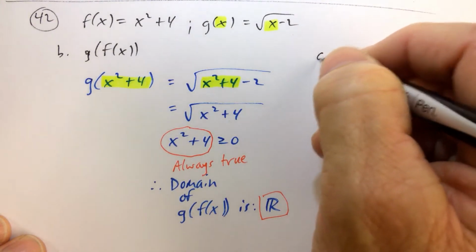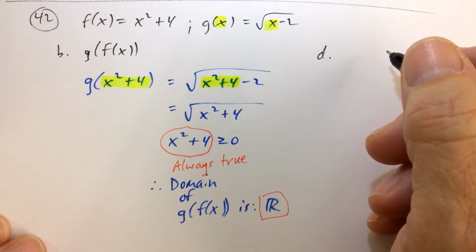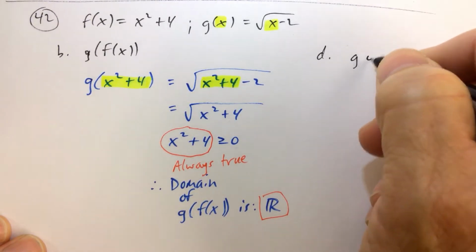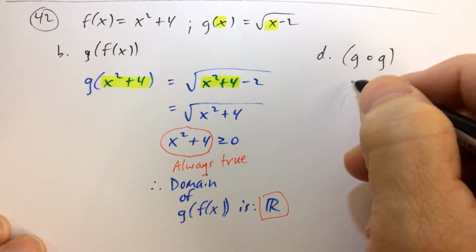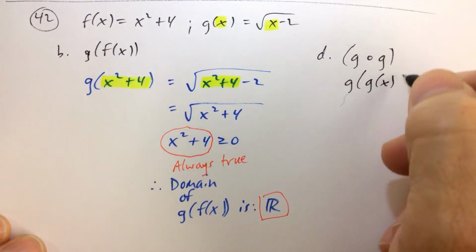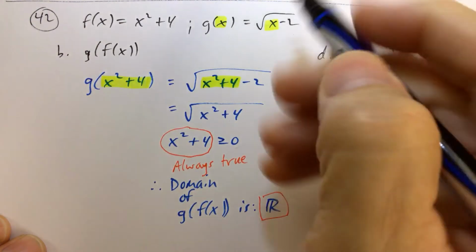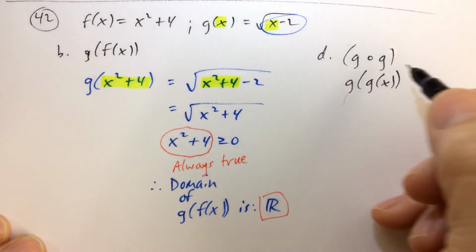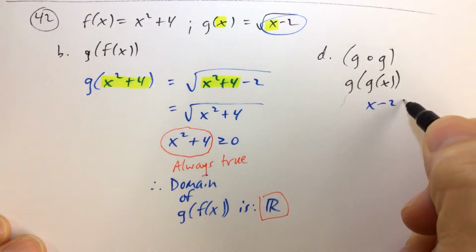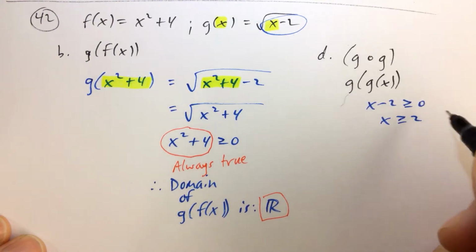Let me see if I can squeeze D in there. And D, we're trying to figure out the domain of g of g. And so the domain of g of x, if you look here, we need to make sure we're only using values of x that would cause x minus 2 to be greater than or equal to 0. So in other words, x has to be greater than or equal to 2.